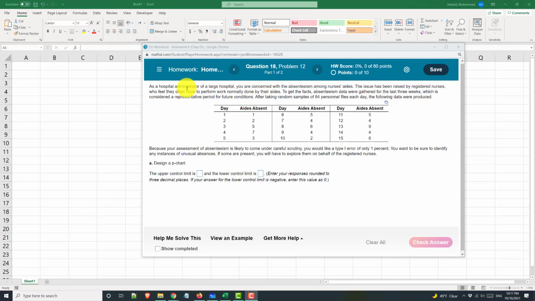Let's look at the first problem. In this problem, we have some data from a hospital, and we are asked to make a P chart. The question telling us to make a P chart makes things a little bit easy for us. But even if the question just said, give me the upper control limit and the lower control limit of the relevant chart, and you have to figure out whether to use a P chart or C chart or X bar chart, and so on, that is completely valid.